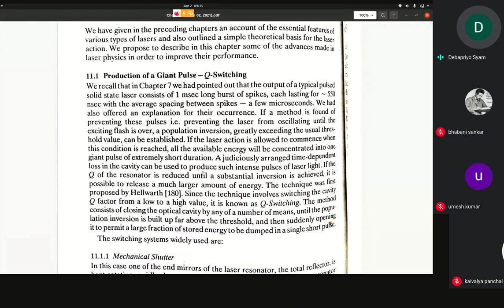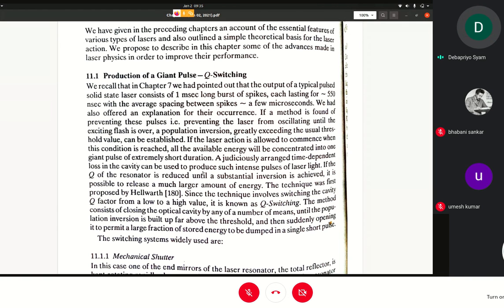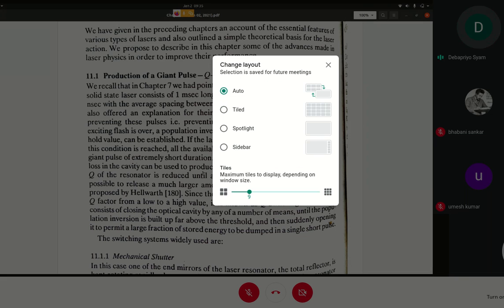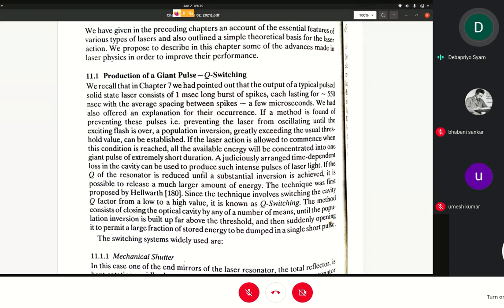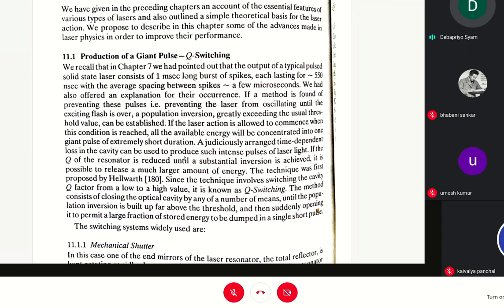So what happens is that if in normal course of action, as I just mentioned, when this exciting radiation excites some of the atoms to the metastable state of chromium ion, these metastable states decay to the ground state and produce the lasing radiation.